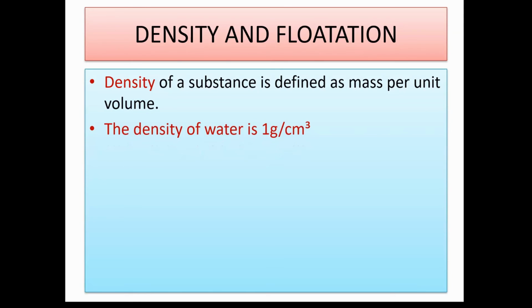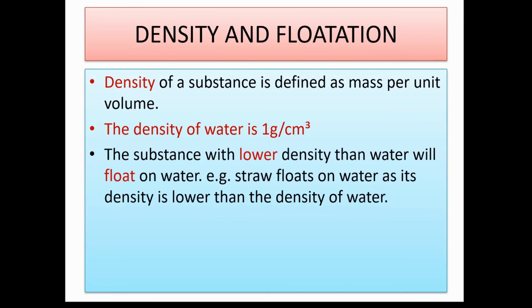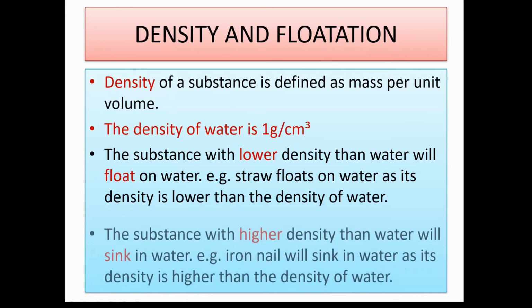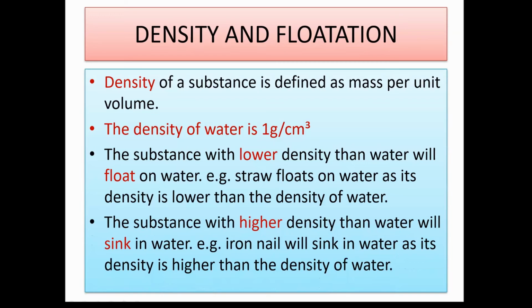The density of water is 1 gram per centimeter cube. So, if any substance has a density less than 1 gram per centimeter cube, it will float, else it will sink. The substance with lower density than water will float. For example, straw floats on water as its density is lower than the density of water.